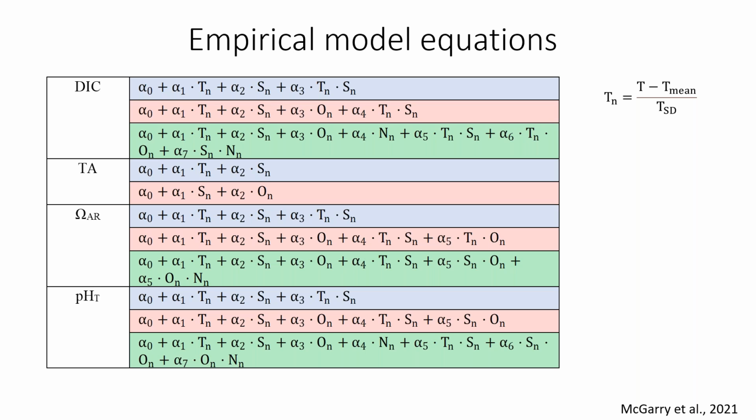So this results in the set of equations shown here, where alphas are the coefficients and temperature, salinity, oxygen, and nitrate are denoted by T, S, O, and N. And the N subscript denotes that the values are normalized. So the mean is subtracted from the data and it's divided by the standard deviation. Normalization will allow us to compare the magnitude of the coefficients to determine which predictors are most important in each equation.